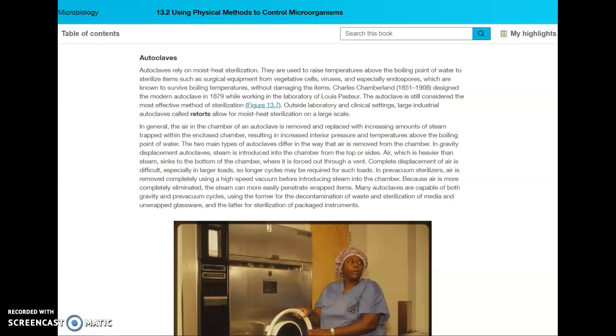Autoclaves use moist heat, so they're using steam. Basically what happens in an autoclave is they use pressure to raise the temperature above the boiling point of water. When we alter atmospheric pressure, barometric pressure, we can alter the boiling point of water. Normal boiling point of water at sea level with 1 atmosphere of pressure is 100 degrees Celsius.